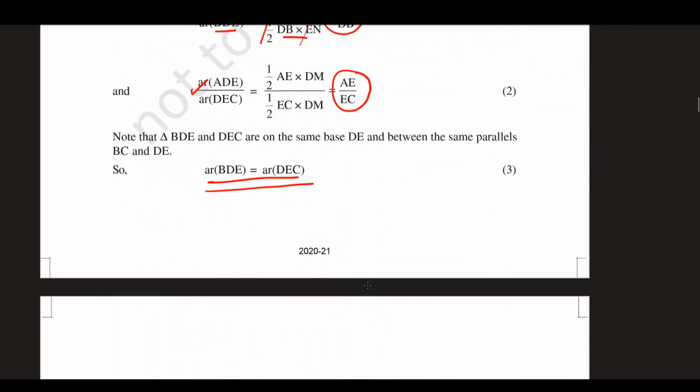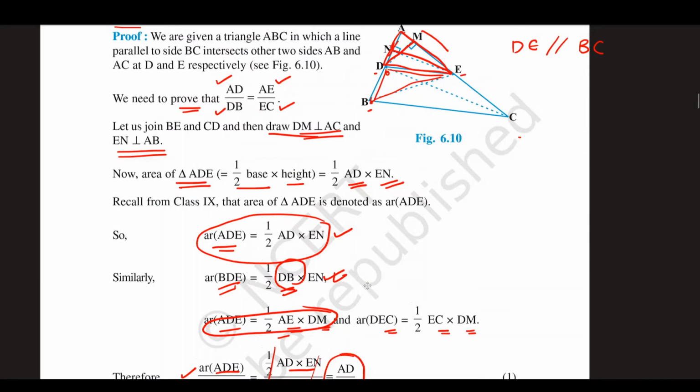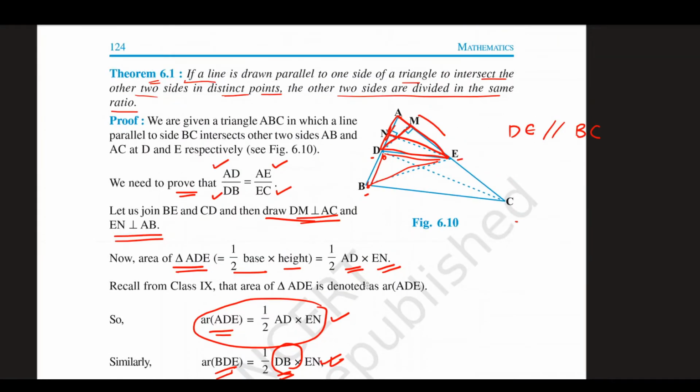Why? They are saying that the area of BDE and DEC is the same because we know that DE is parallel to BC.